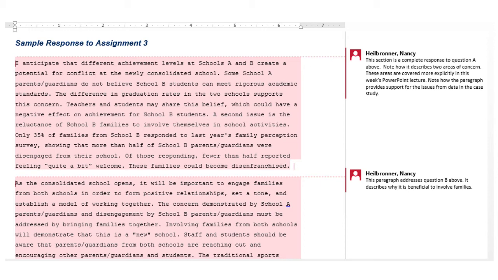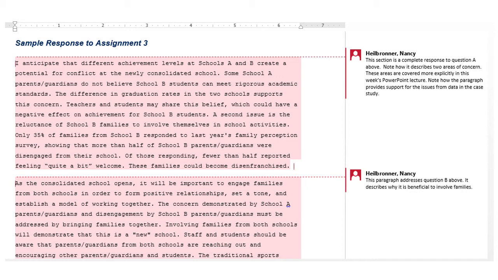It describes the different achievement levels, and it describes the lack of parental involvement in School B. Note how this paragraph provides support for these issues from data in the case study. So the author constantly goes back to the survey data. It's not just his or her opinion. You need to incorporate data that's in the case study and provide support for your ideas.